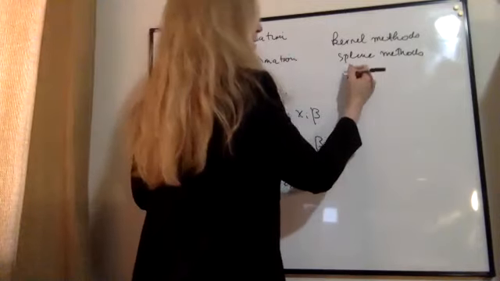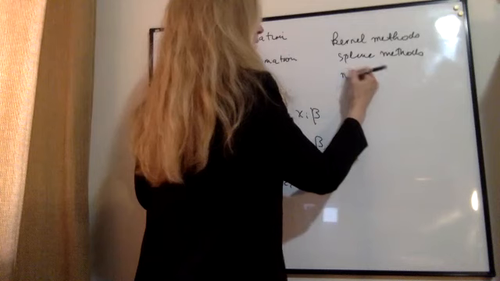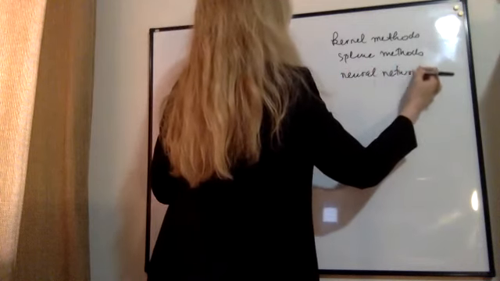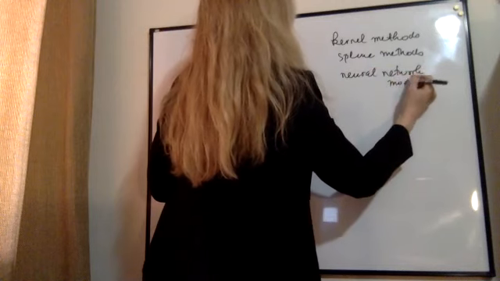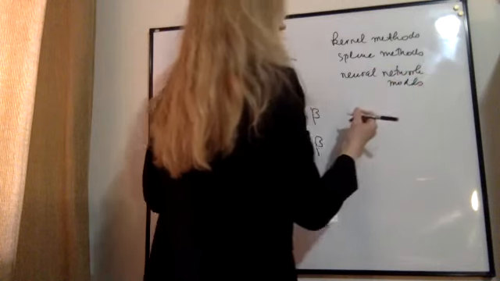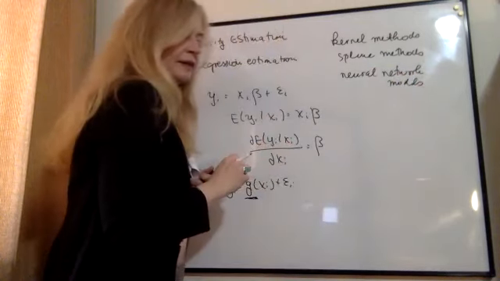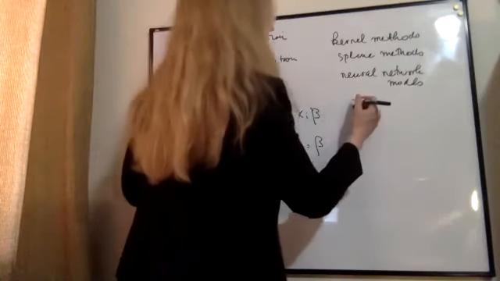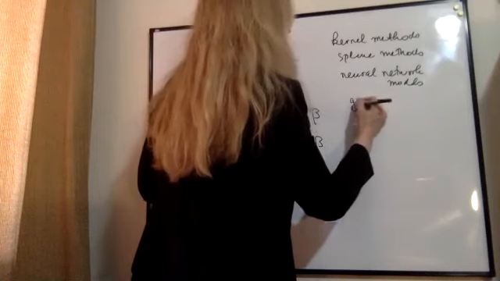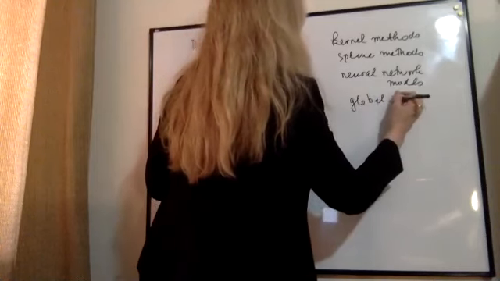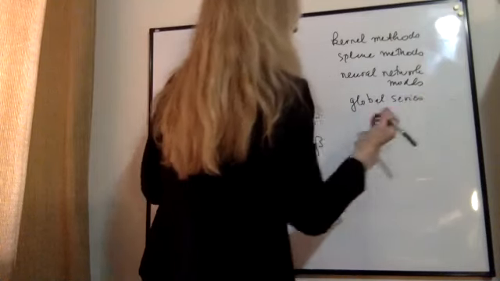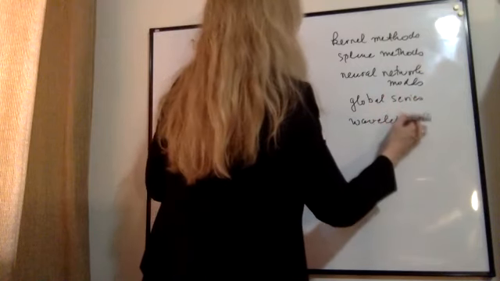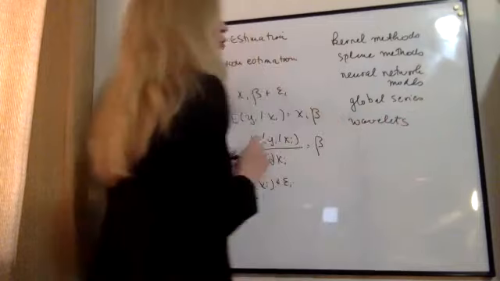And then there are also neural network models. There's global polynomial or global series methods. And then there are some methods that I've never even used, and I don't even know if they're used that much now, but there's something called wavelets.